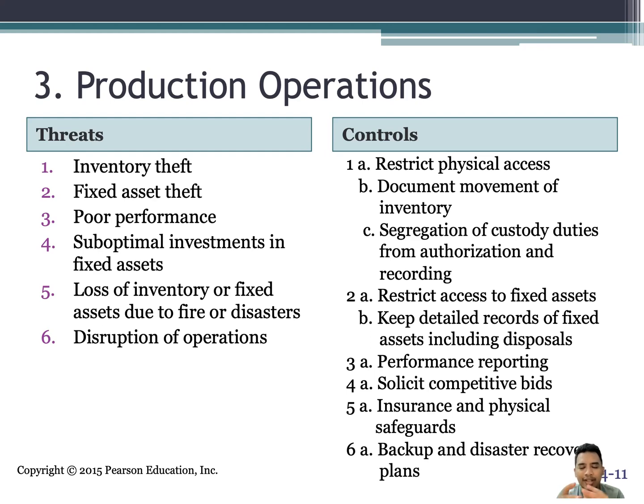Aside from physical safeguards, insurances, and other considerations, you need to have a backup in case of other things. So it's more of preventive, detective, and corrective controls, including recovery. So you need to be prepared on that.